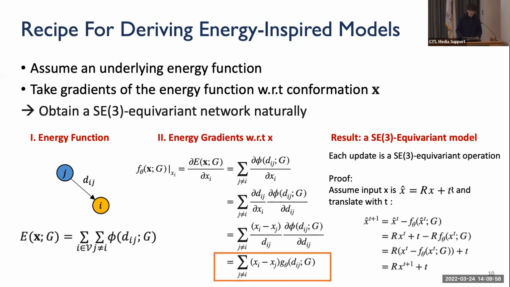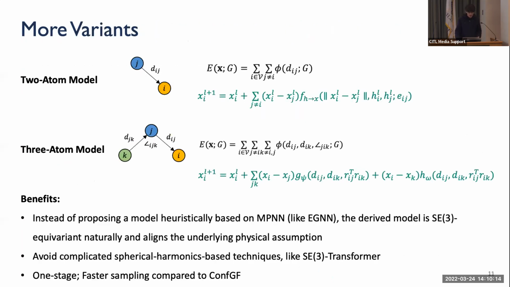And the proof is also very simple, and the rationale behind it is that the energy function is SE3 invariant. So the gradient field of this energy function will be naturally SE3 equivariant. And based on different assumptions on the underlying energy function, we can also derive different kinds of neural networks.